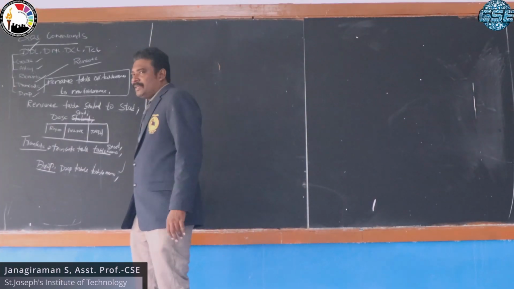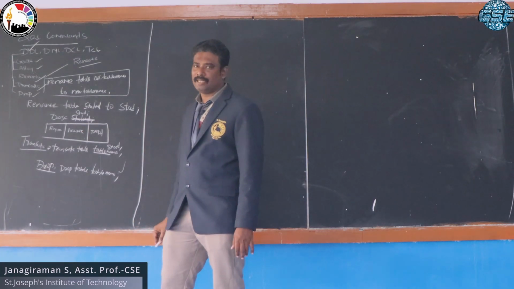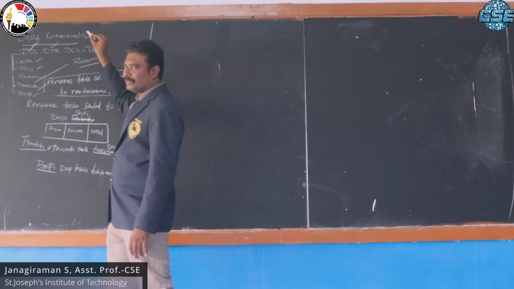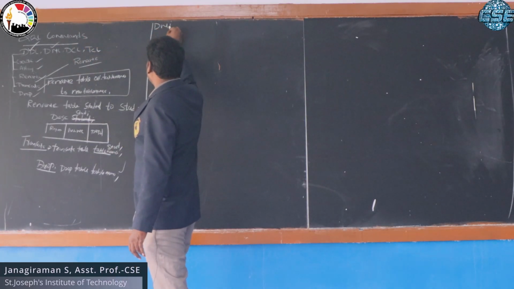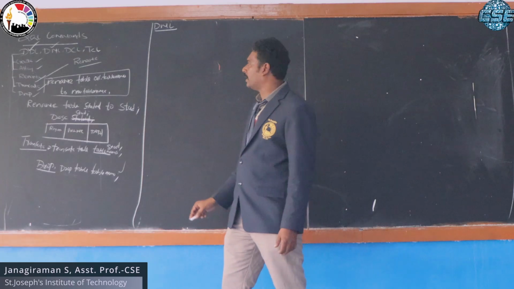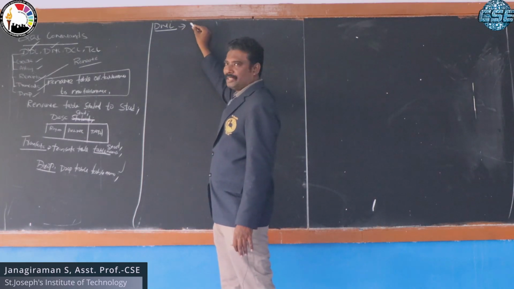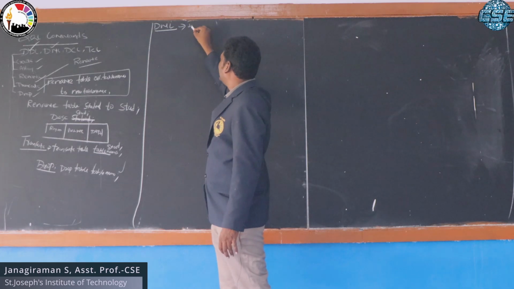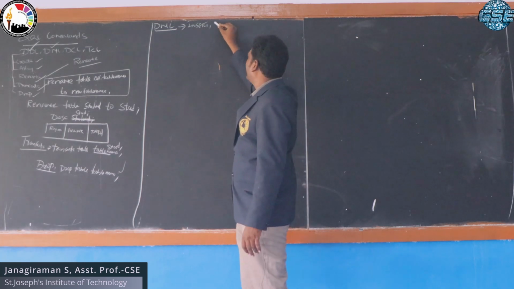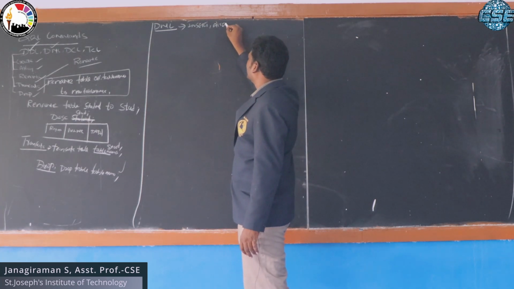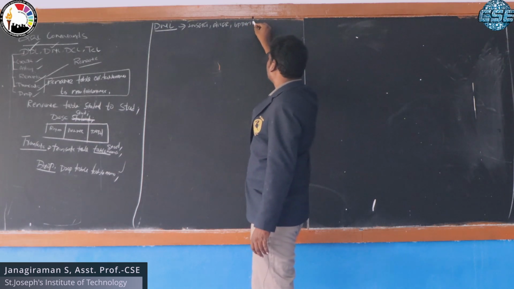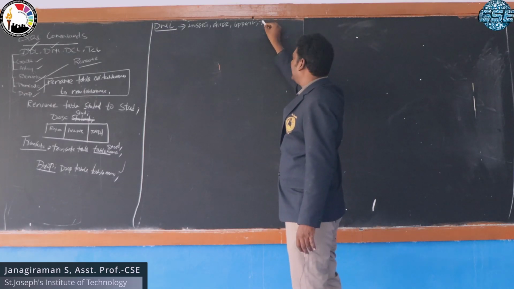We have just created the table structure. We have never inserted the values inside that. So to insert the values or to manipulate the values, I should go for a DML command. DML, I already said what is DML? Data manipulation language. You can manipulate the data either by inserting a value, then you can alter the value, you can update the value, and you can delete the value.